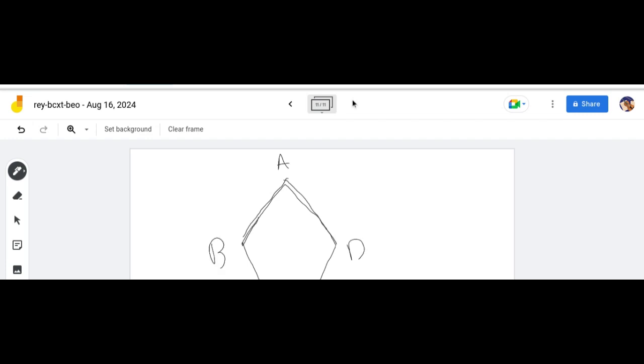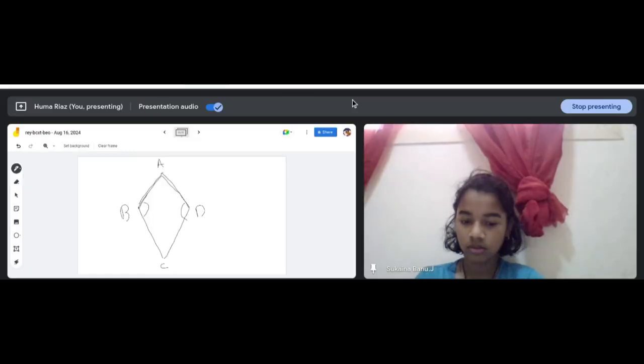But here, the angle B and the opposite angle D are equal to each other. But the measurements of A and C are not equal. And the lengths are also not equal. So we cannot say that this is a parallelogram.